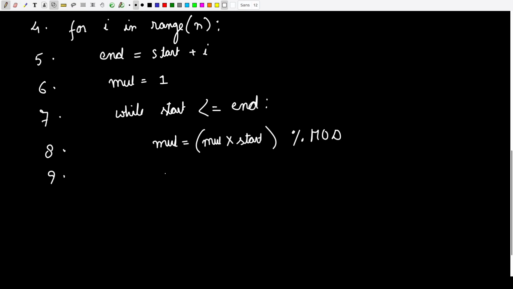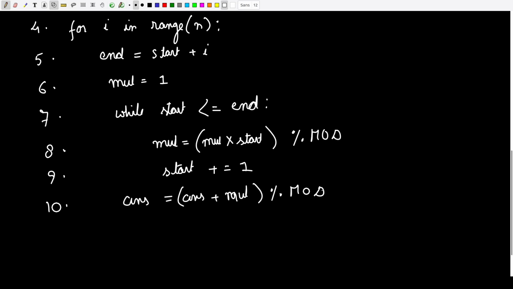Once we have done that, we go to the next element, which is start plus equals 1. Then we update the answer: answer is equal to answer plus the multiplier term, the ith term value we have just computed, modulo mod. And towards the end, we are going to return answer.